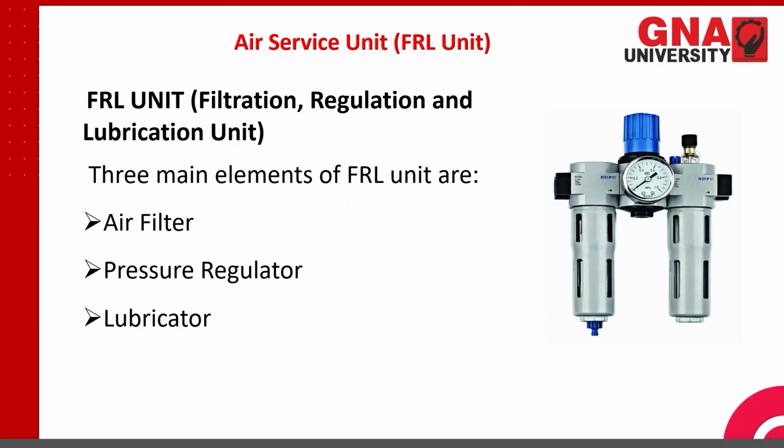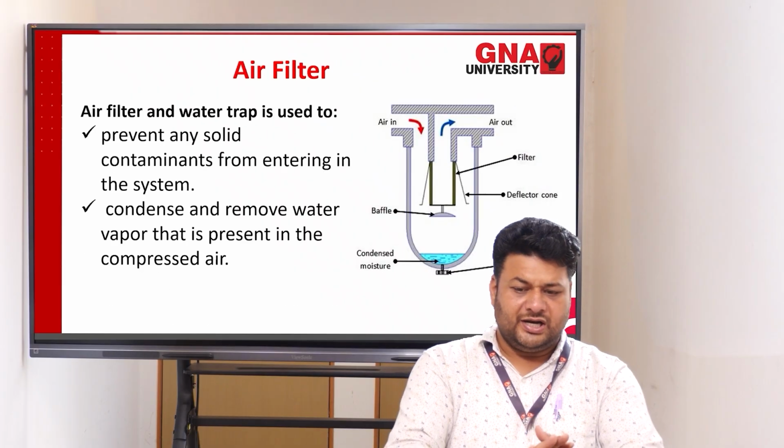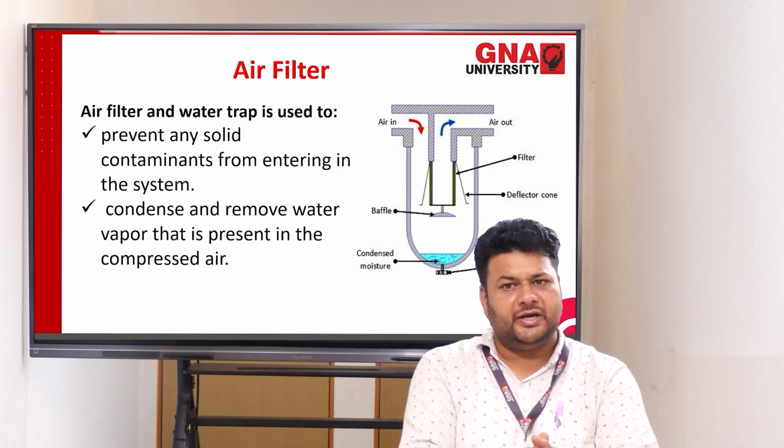We have a dial gauge here, and we can rotate this knob to adjust the pressure of the air passing out of this system. And the third one is the lubricator. The function of the lubricator is to lubricate the compressed air to be used in the system. We will discuss all these components one by one in this presentation. Now let's first discuss the air filter.